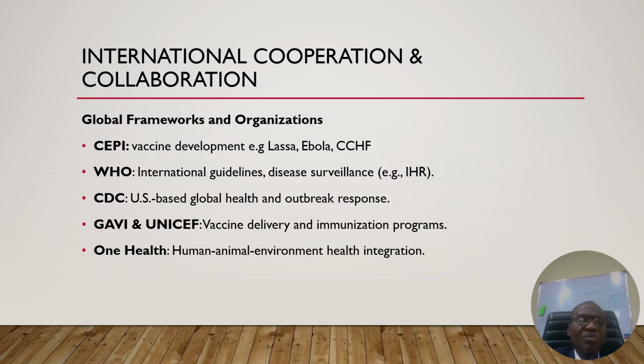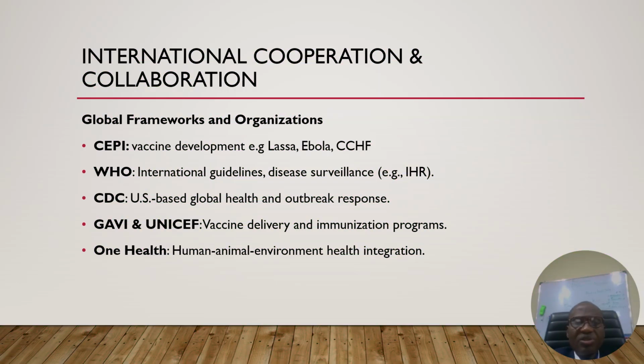CEPI, as I've said before, is involved in vaccine development. They are doing that for Lassa currently. They supported work on Ebola and Crimean-Congo hemorrhagic fever. WHO is committed to issuing international guidelines like the International Health Regulations. The US CDC is also involved in outbreak response.